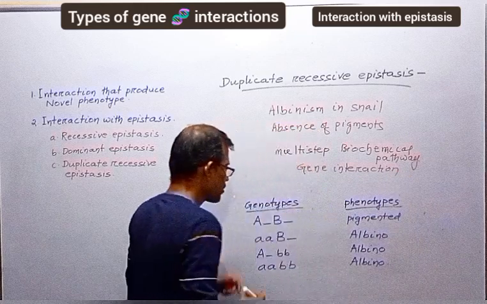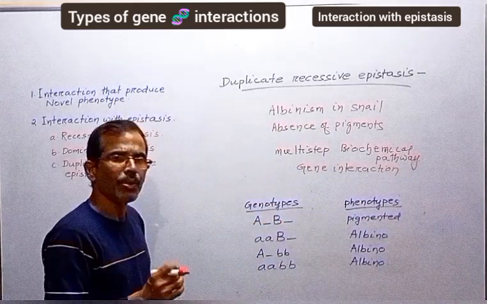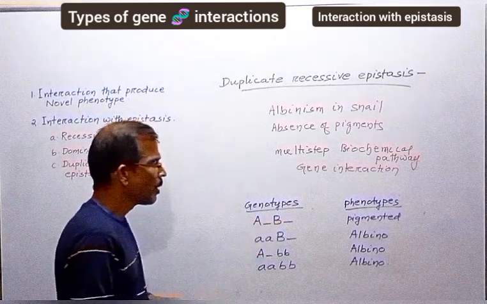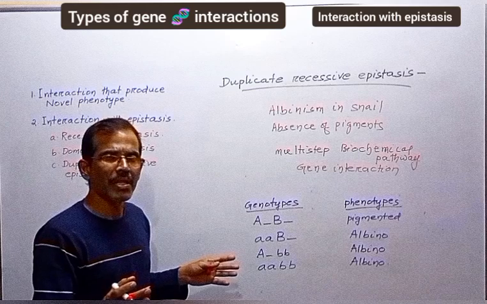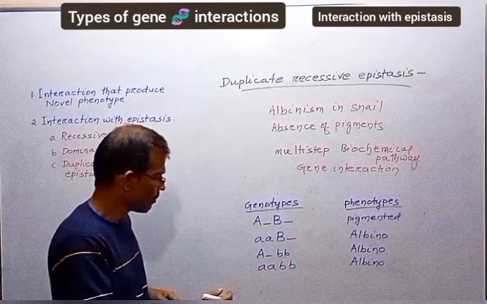These are the different genotypes. In the first genotype, due to the presence of dominant allele at both loci, pigments are produced as a result of which the snails become pigmented.